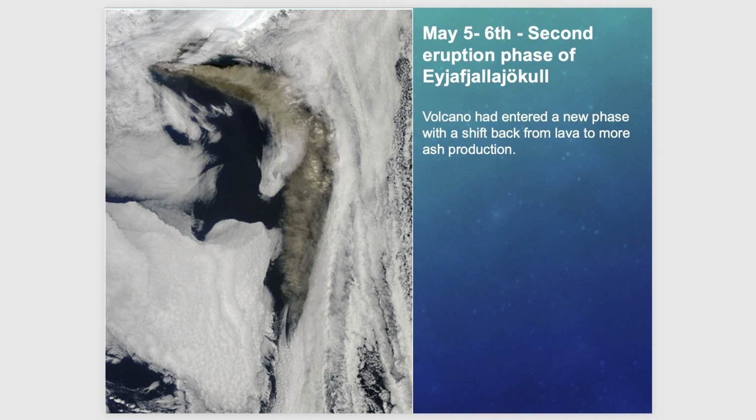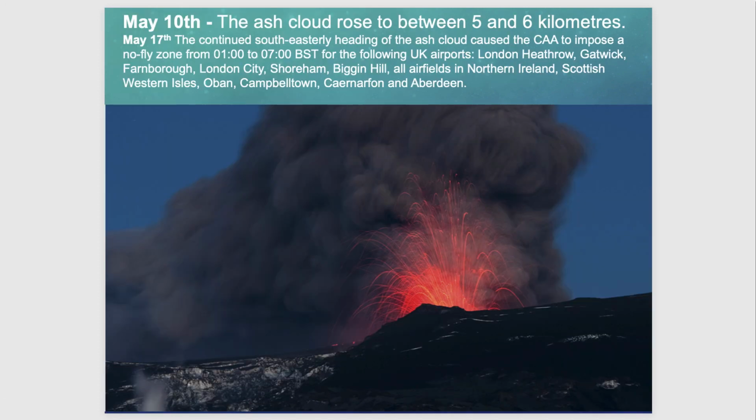Another large explosion on May 5th and 6th as part of the second phase of eruption, and so we have a shift back to ash production. Of course, these types of eruptions are relatively cyclic, and so we have different phases that take place and they alternate.